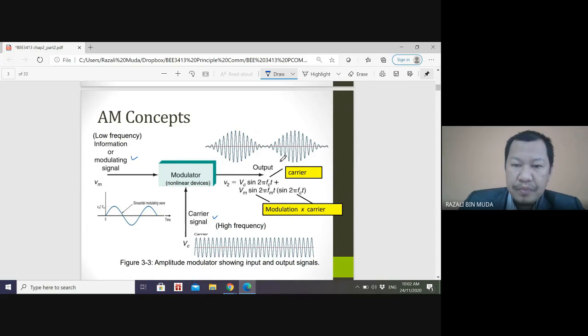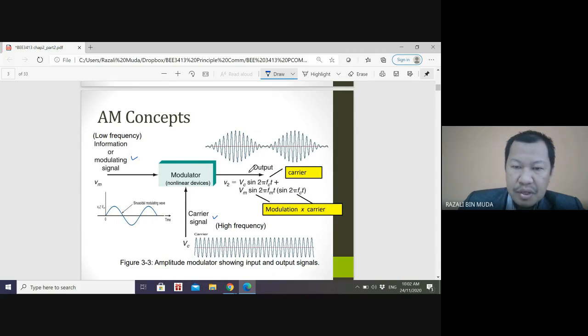So the equation for the signal is basically the combination of the carrier signal Vc sine 2π fc t plus Vm sine 2π fm t times sine 2π fc t.